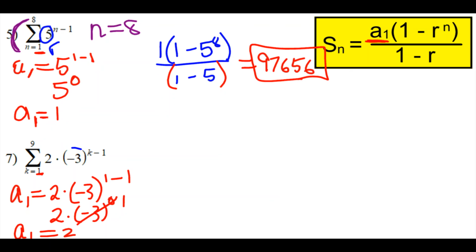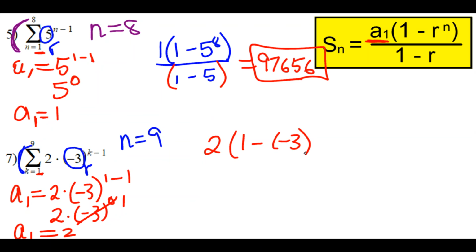Your R value is the base on the power. So the R value here is negative 3, and then N is going to be 9. So we have the formula. A1 is 2 times 1 minus R, which is negative 3. I put that in parentheses. Be careful on that. If you don't put that in parentheses, you could make a mistake.